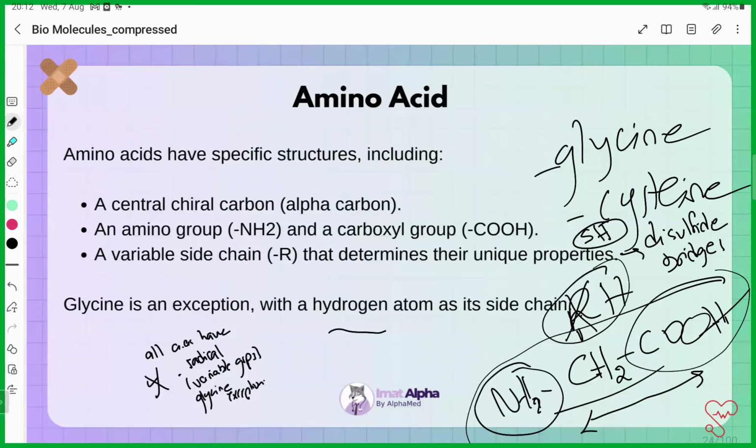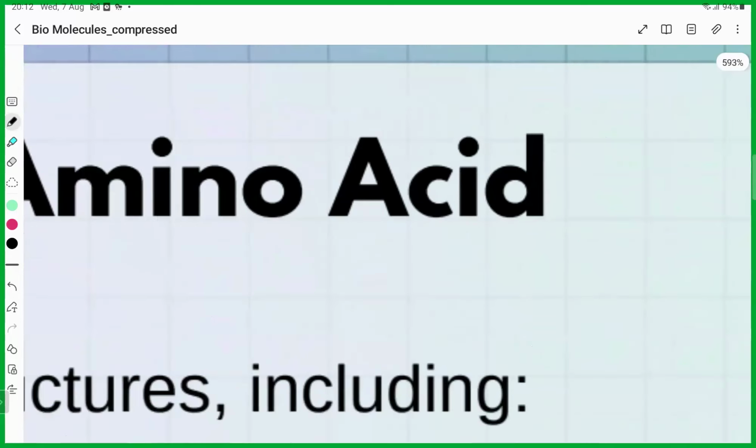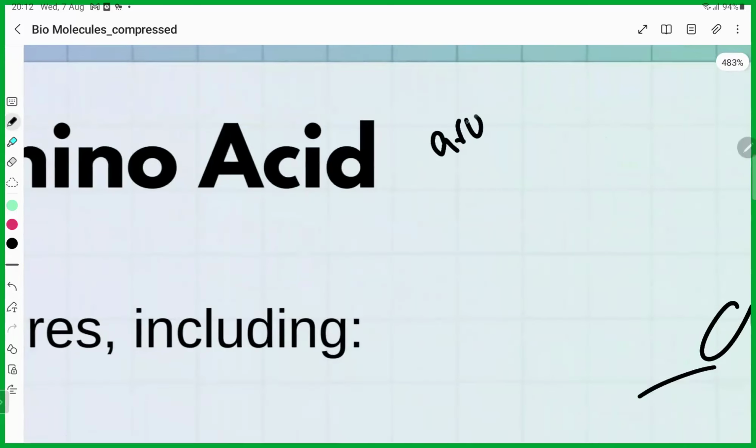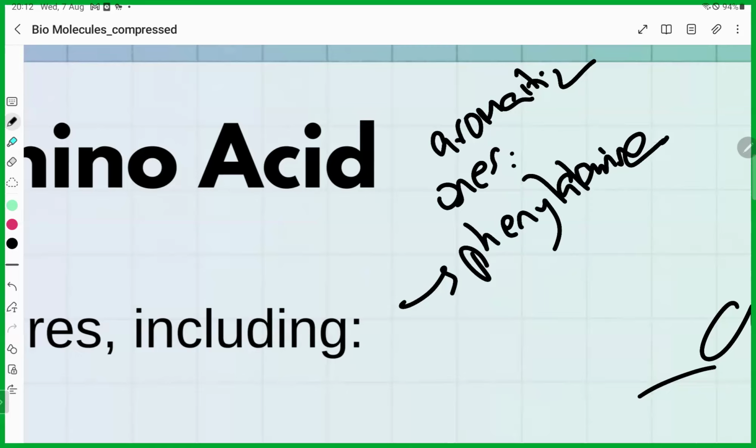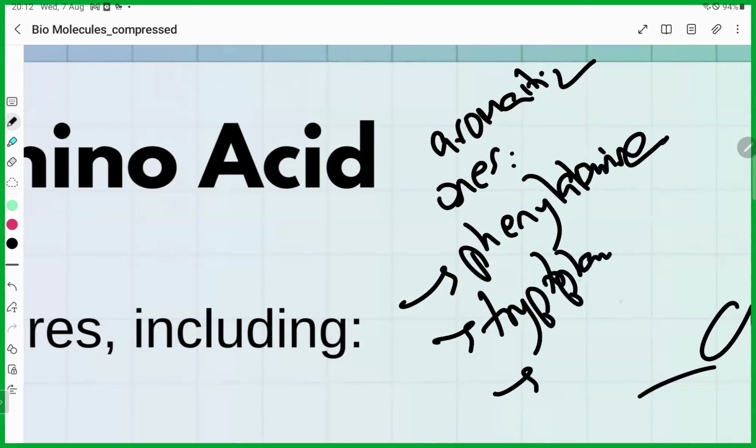What you should also know about the amino acids is that the aromatic ones are phenylalanine, like these you might be asked about them, tryptophan and tyrosine.